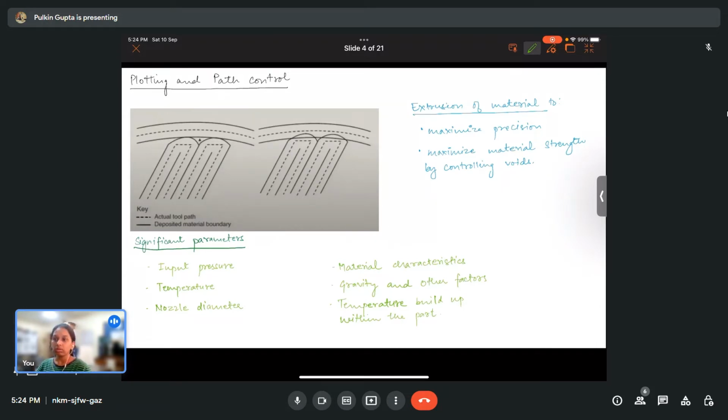Okay, now in most systems we have a control software which determines how to fill the material within the outline. Suppose you want to make a cylinder, so you will first have the outer boundary of it, and then there is software that will decide how the internal part of that cylinder will be filled.